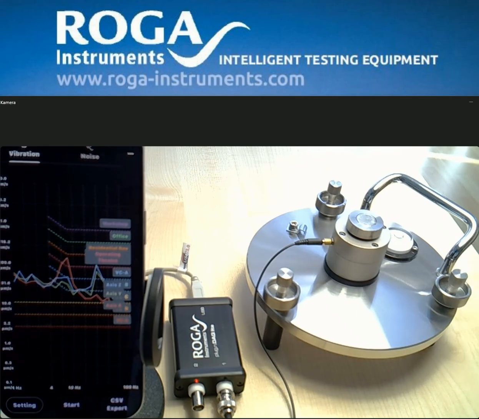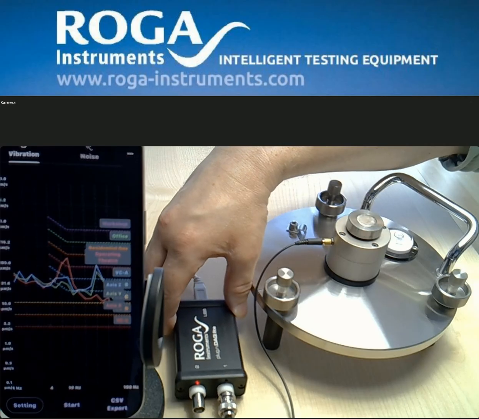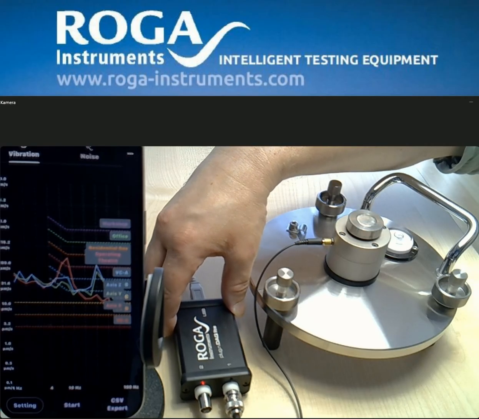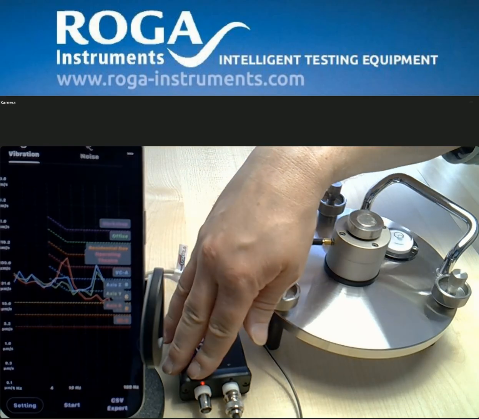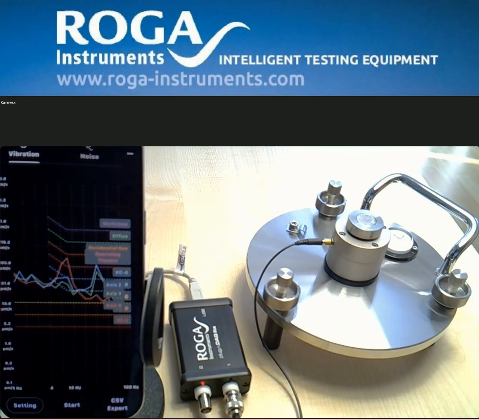And due to the fact that this is a universal DAQ, it's also possible to connect on the second channel, for example, a measurement microphone, an IEPE type microphone, or on the first channel, for example, an accelerometer for machine vibrations.